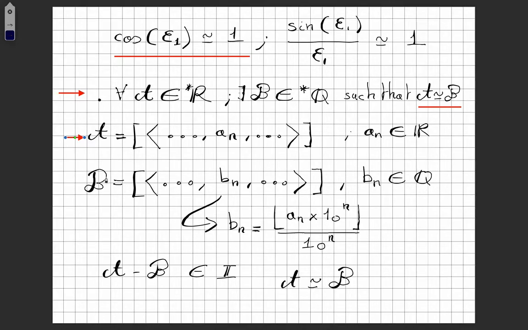And so what I suggest here is simply to build an element B that is going to be infinitely close to A by choosing every element B_n given by the floor function of a_n times 10 to the power n, divided by 10 to the power n. And so you can convince yourself very easily that A minus B is going to be an infinitesimal, and therefore A is equivalent to B.